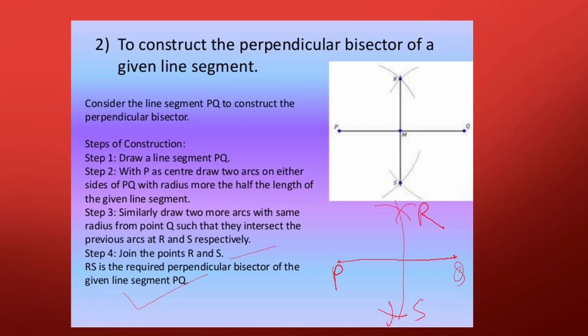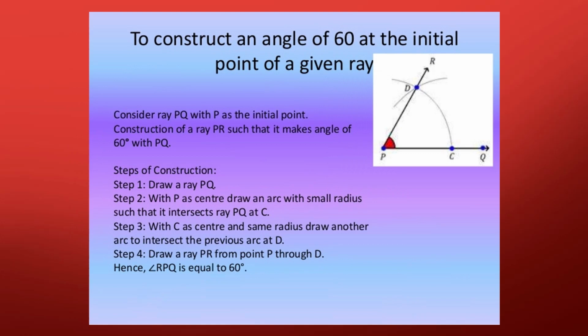The next, to construct an angle of 60 degrees at an initial point, it's very easy. You have been practicing from class 4 or 5 up to this class, 60 degrees. Consider ray PQ with P as an initial point. Construct a ray PR such that it makes an angle of 60 degrees with PQ, as shown in the figure.